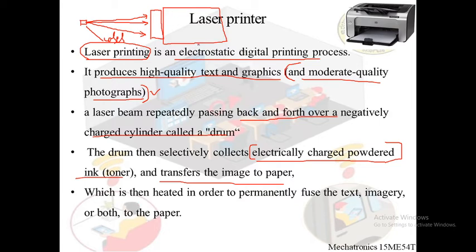Once the drum has transferred all the powder attached to it onto the paper, this is still not permanently fused, and hence it has to be dried so that it gets fused permanently. The text or image has to be dried instantaneously. So the next stage will be the drying stage, and finally the output comes, which we can feel will be slightly hot because of the dryer.